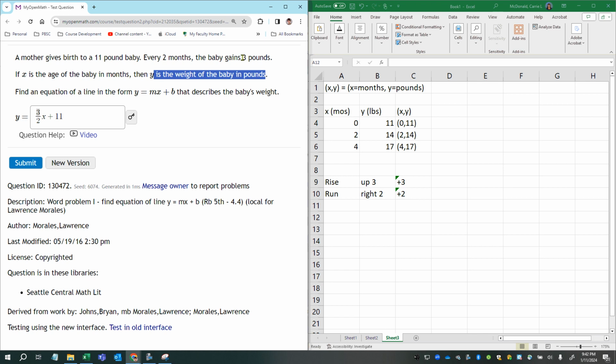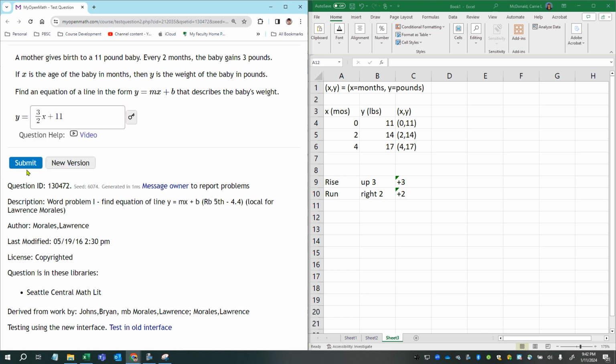So here you have pounds, which is your y, that's a rise of 3 for every 2 months, months being your x location, your horizontal, your run, right? So a rise of 3 for every run of 2 months. So 3 over 2, okay?